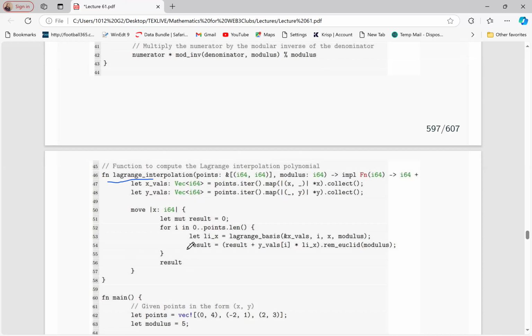Then summing the results. After summing the results, you reduce it mod p. Reduce the result mod p. What you come up with is the result after reducing it mod p.